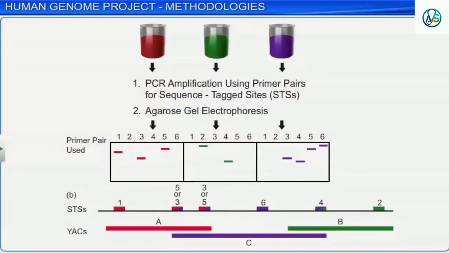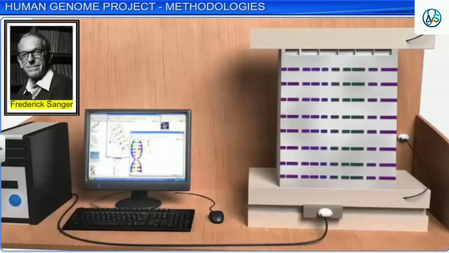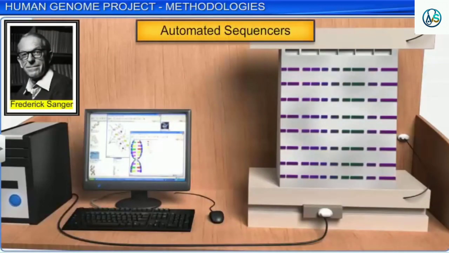The cloning amplified each DNA sequence, which made it easier to sequence. Sequencing was then done by automated sequencers that worked on a principle developed by Frederick Sanger, who was also responsible for developing a method to sequence proteins and amino acids.